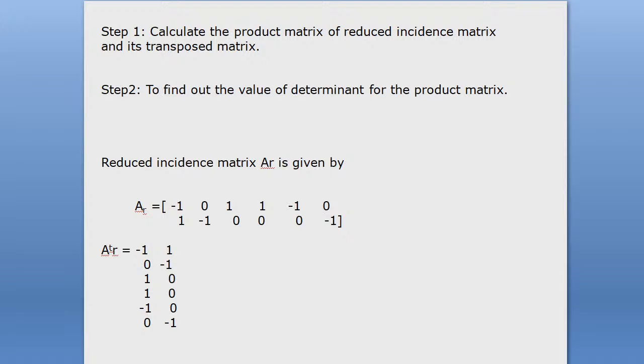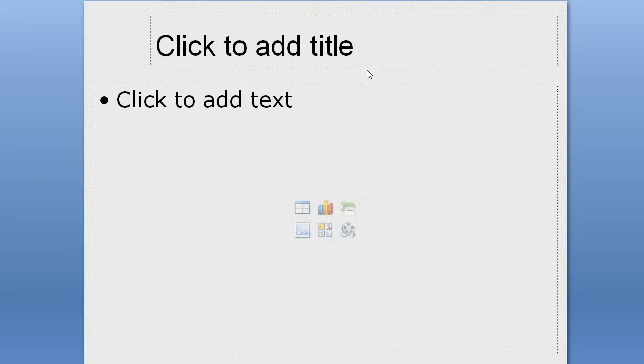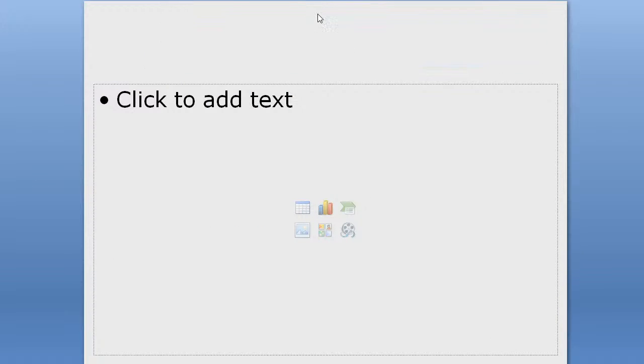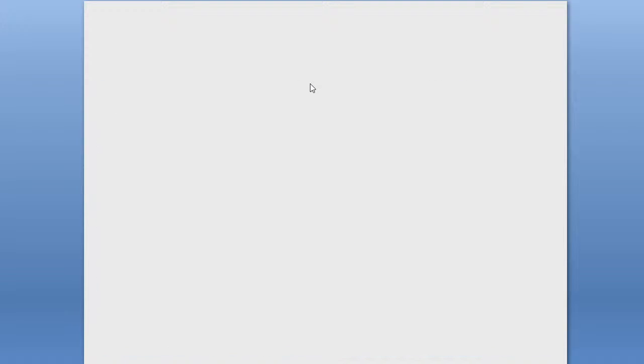Now your objective is to calculate the product matrix, so you just multiply these two terms. Our main goal is to calculate the number of possible trees for this matrix.